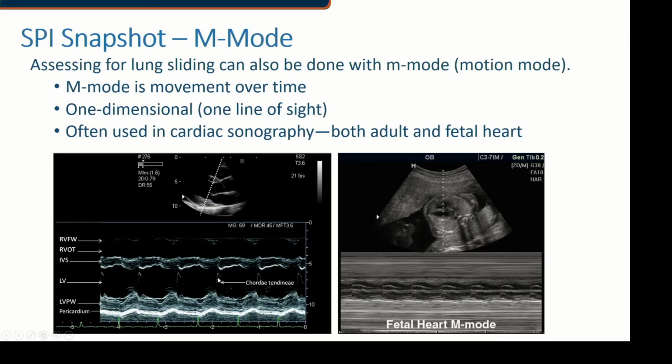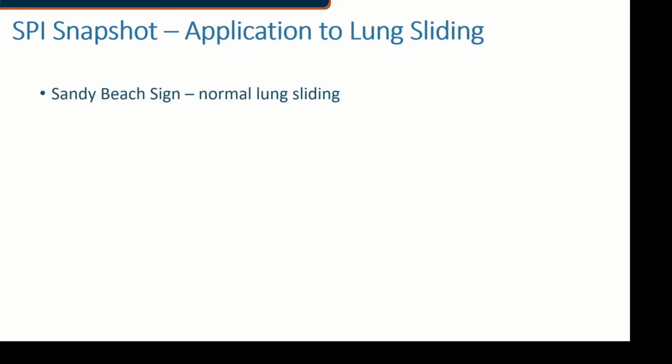And then we finally hit the back wall of the ventricle, or that posterior wall, and again it's demonstrated across that bottom, and you see the motion by the peaks, that movement up and down. We do the same thing in the fetal heart, and indeed we even use this to calculate a fetal heart rate. So how would we then use M mode for our lung sliding?